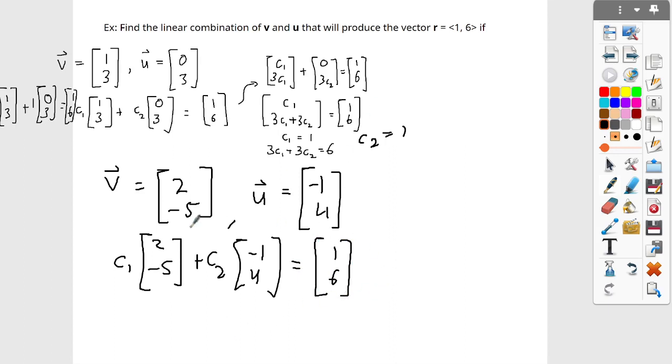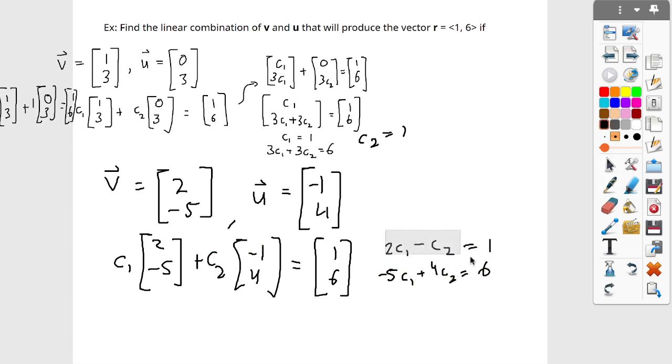So we can convert this into the systems of equations that we want, which ends up being 2C1 minus C2 is 1, right? Because if you multiply C1 by 2 on top here, you have 2C1. Multiply C2, you have minus C2. 2C1 minus C2 is equal to 1. And minus 5C1 plus 4C2 is 6.